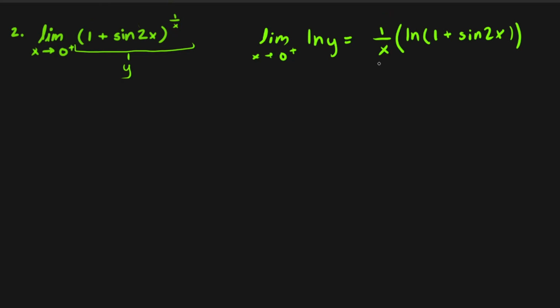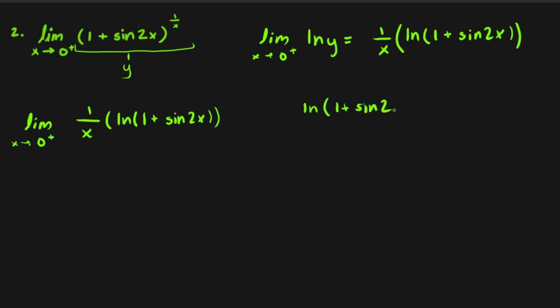So now let's evaluate this. Let's take the limit as x approaches 0 from the right of 1 over x times ln 1 plus sine 2x, which can also be rewritten as ln of 1 plus sine 2x all over x.